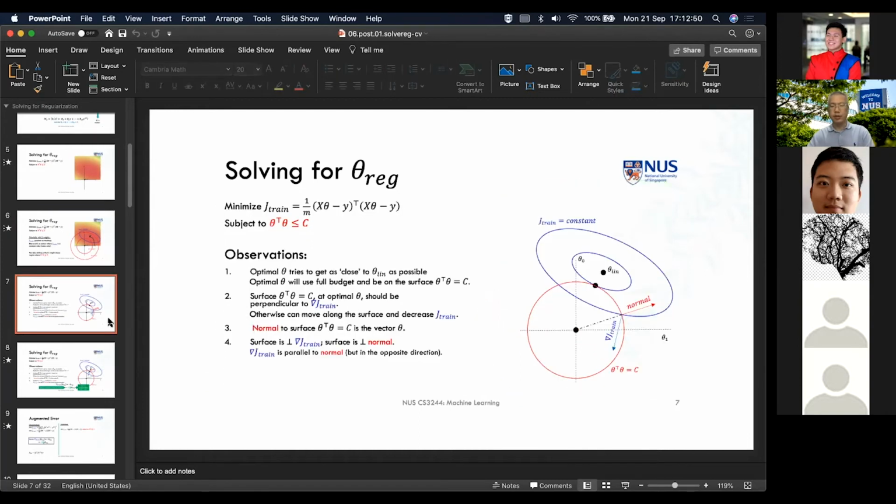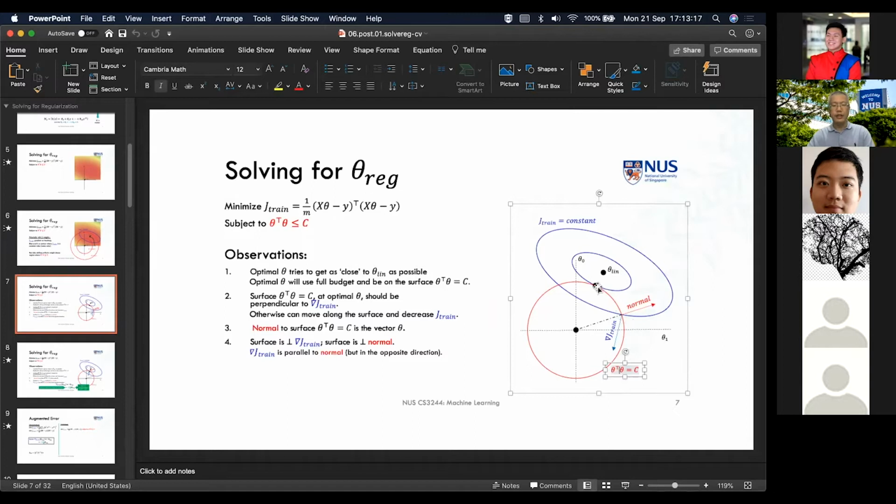Let's say our budget is C. I'm going to plot the circle that signifies the solution where the square of the norm of the parameter vectors is the same as C. So this is going to give me a circle.